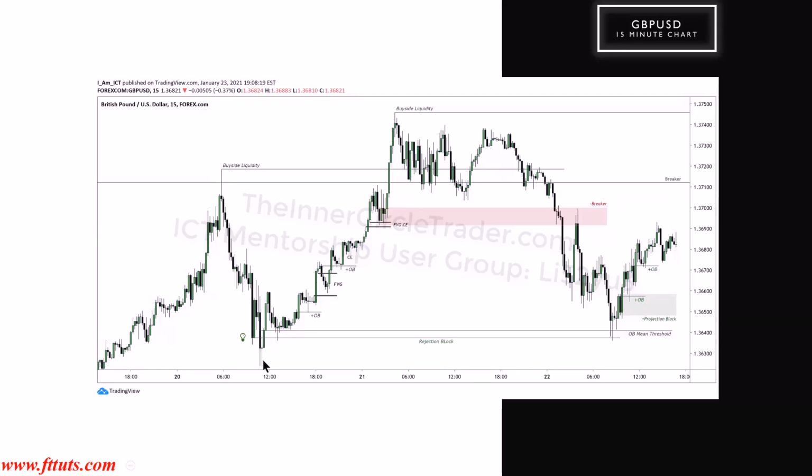When we have that framework, we want to consider that first low. This is all stop running. You want to go back to this lowest down close, whereas anyone that simply watches my videos and talks about rejection blocks, it would be considered that this would be a rejection block. It is, that is a rejection block.